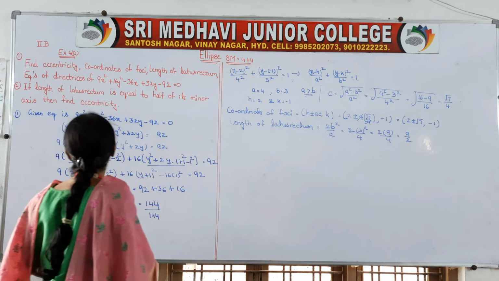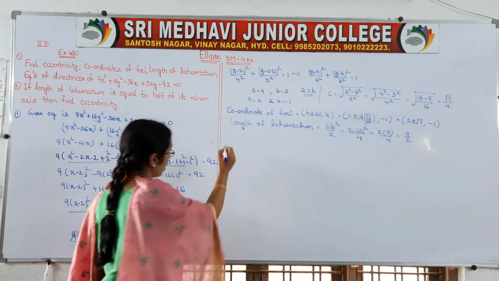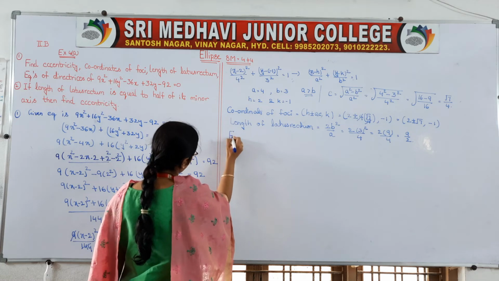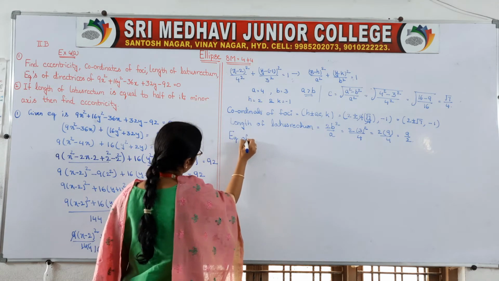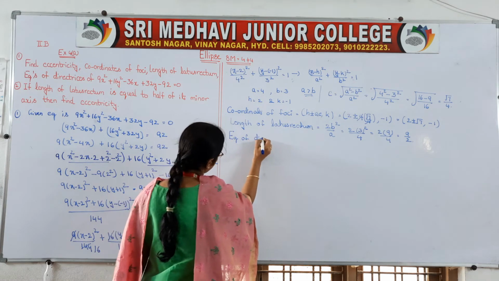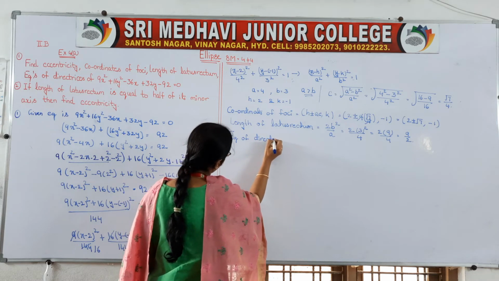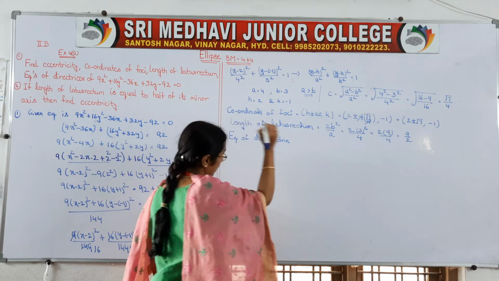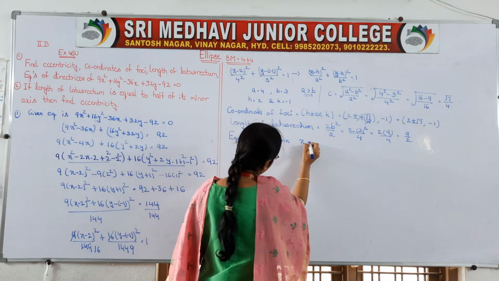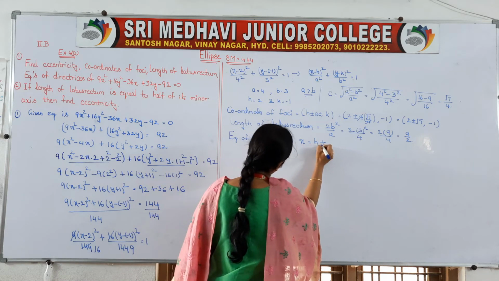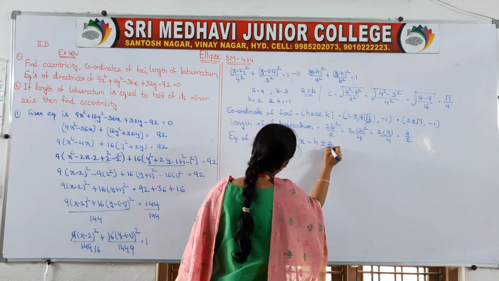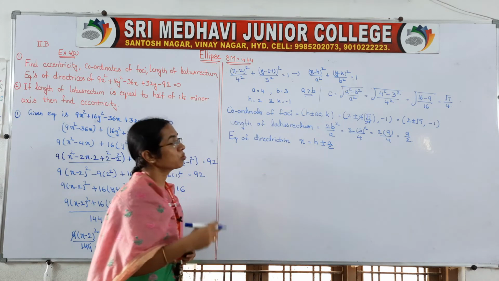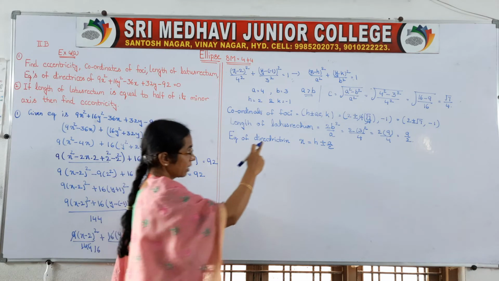After that we have to find the equation of directrices. When it is of the third form, what is the equation of directrices? It is x is equal to h plus or minus a by e. Here also, while taking foci, I have taken plus or minus.